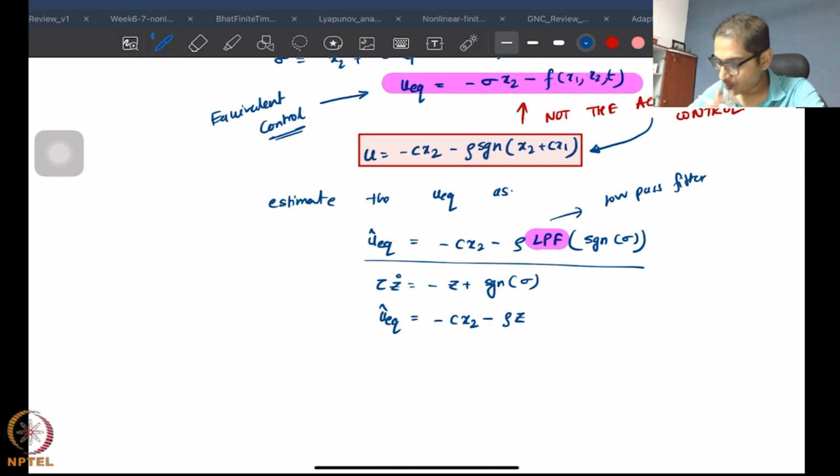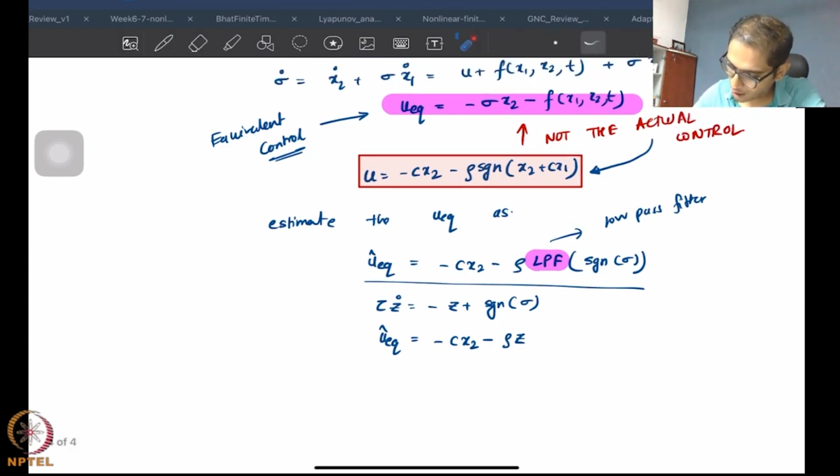Okay, so what are we claiming? That there is this control that we can compute from the steady state, if you may, when you are sliding. Notice, in spite of disturbance, we are exactly sliding, so sigma becomes exactly equal to 0.